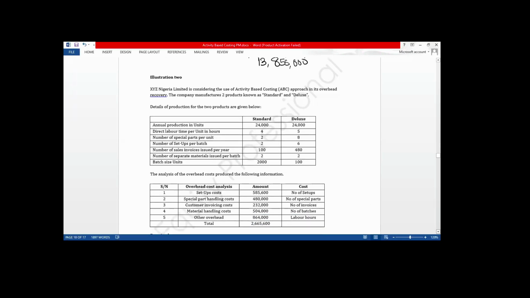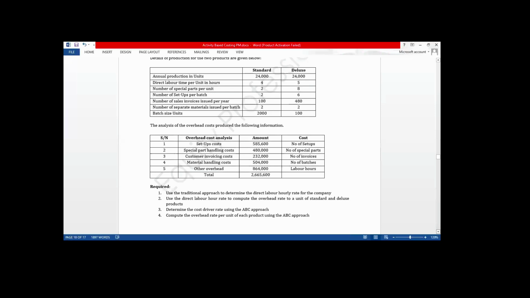Next, the analysis of the overhead cost produced the following information. Setup cost, 585,600. The cost driver is number of setups. Special part handling cost, 480,000. The cost driver is number of special parts. Customer invoicing cost, 332,000.